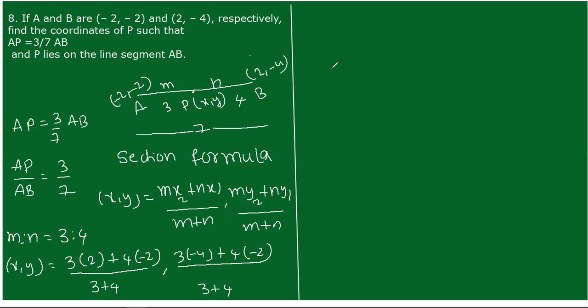Now 3 into 2 is 6, 4 into minus 2 is minus 8, by 7, and 3 into minus 4 is minus 12, 4 into minus 2 is minus 8, by 7. So I can write x comma y is equal to minus 2 by 7 and minus 20 by 7.